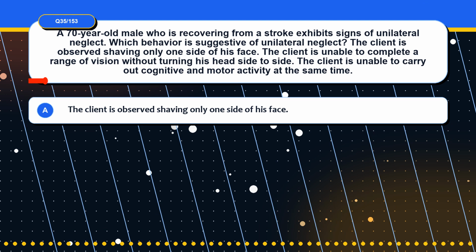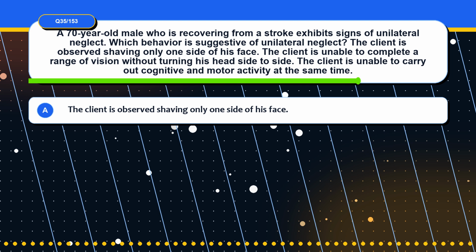Question 35. A 70-year-old male who is recovering from a stroke exhibits signs of unilateral neglect. Which behavior is suggestive of unilateral neglect? The client is observed shaving only one side of his face. The client is unable to complete a range of vision without turning his head side to side. The client is unable to carry out cognitive and motor activity at the same time.